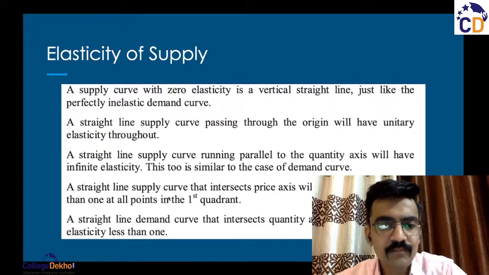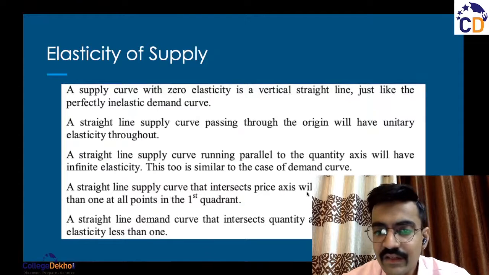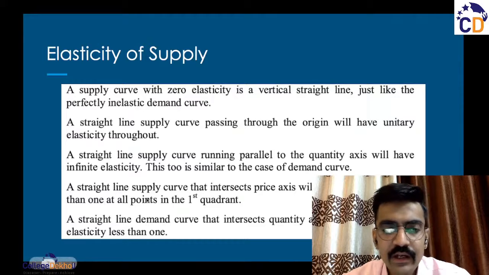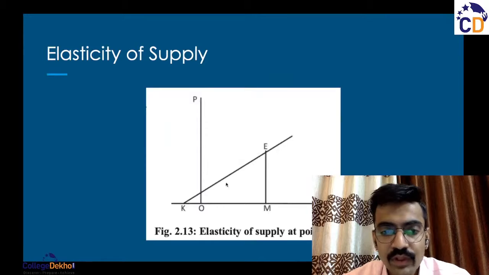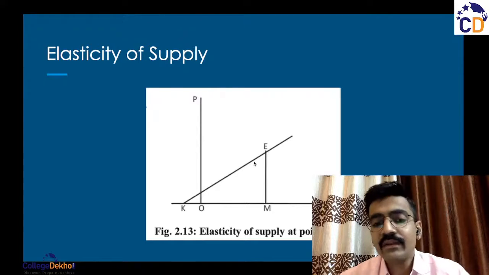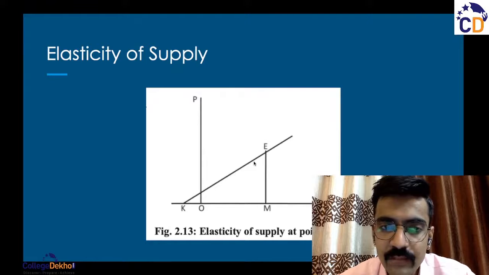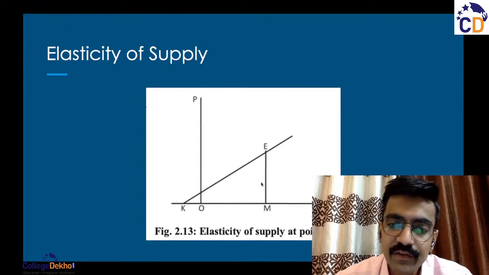Let us go back to the case. So it is this case, second last, which is a straight line supply curve that intersects the price axis, which will have elasticity greater than 1 at all points in the first quadrant, right? So in all of these points, whether it is here or here or here, in all of these cases, the price elasticity of this commodity would always be more than one, just in this first quadrant.